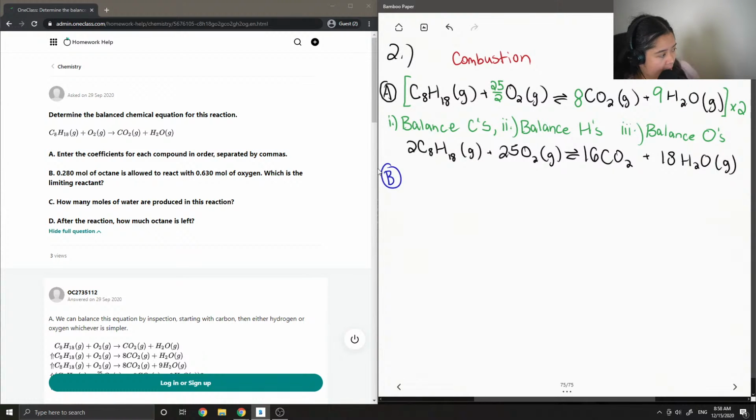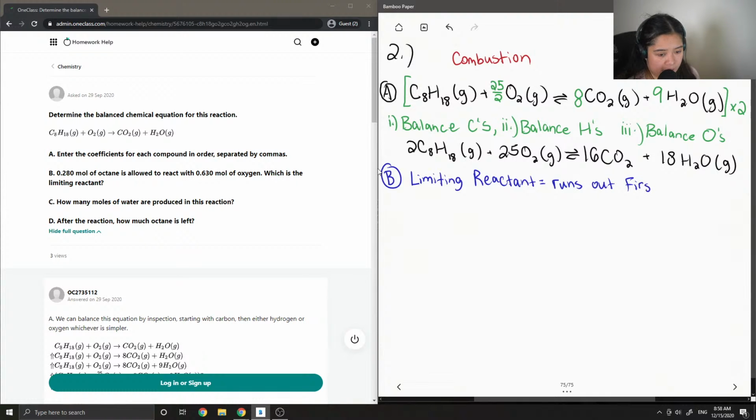So part B is asking which one is the limiting reactant. Is it octane or oxygen? Okay, so the limiting reactant, I'll just write a quick definition of what it is. Basically, it's the reactant that runs out first.